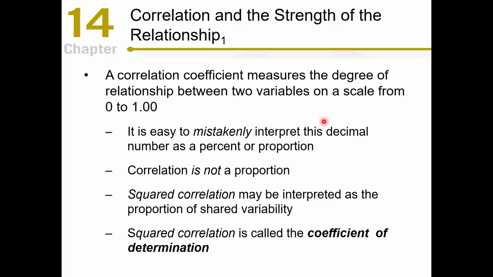We know that anything close to 0 is little to no relationship whatsoever, and anything close to 1 is a very, very high correlation. So it is easy to mistake this as a proportion, but it's not. It is really just a degree of relationship between two variables.